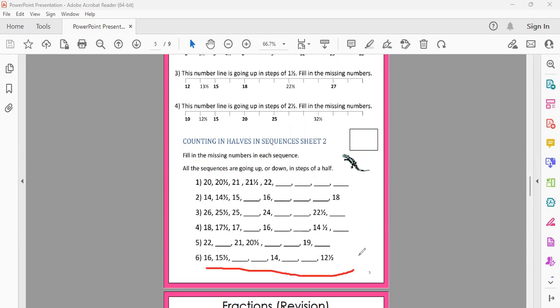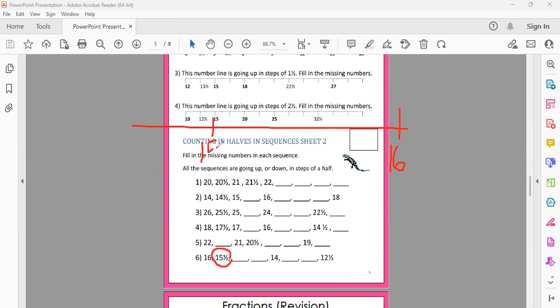Similarly, you can complete all these other exercises. 16, go down, go back, 15.5. Of course, this is now going down in 1.5, if you notice that. Because remember, you're at 16. Oh, sorry. It's going back only down in halves.